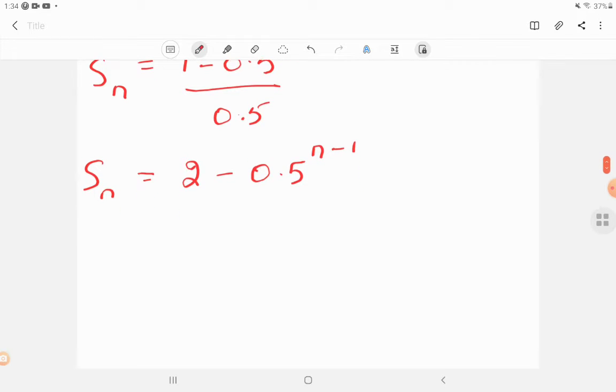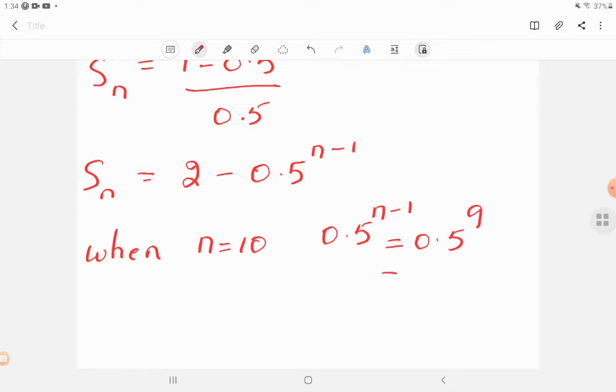So let's look at the term on the right hand side, which is 0.5 to the power of n minus 1. Let's substitute n equal to 10: 0.5 to the power of n minus 1 is 0.5 to the power of 9.